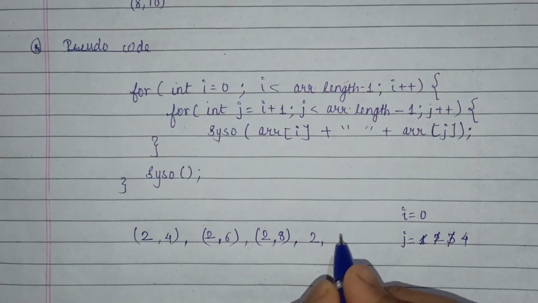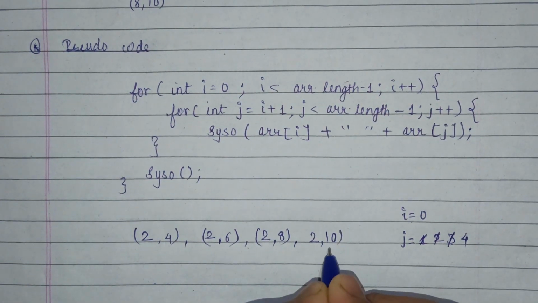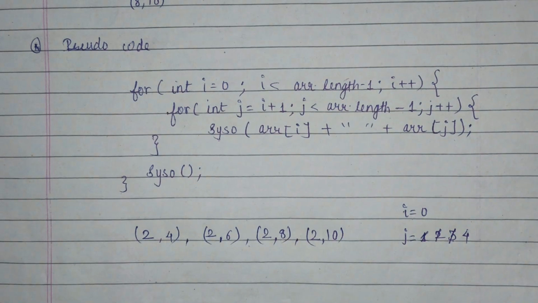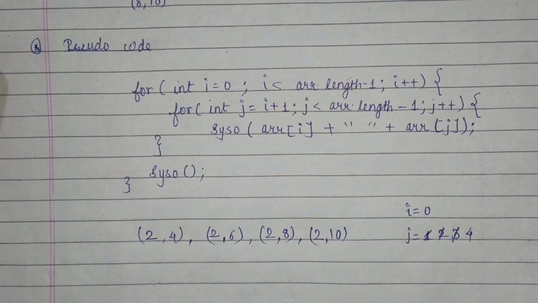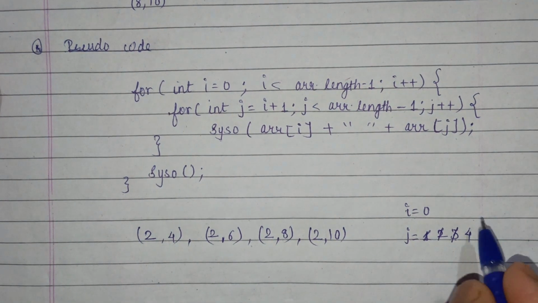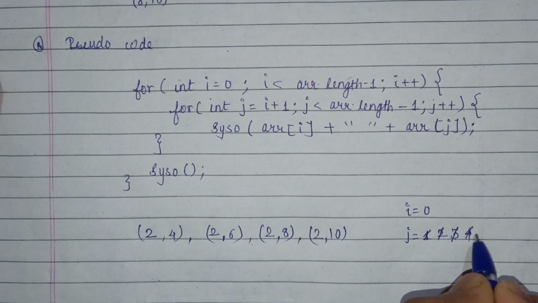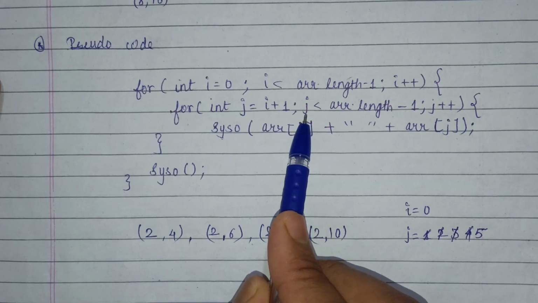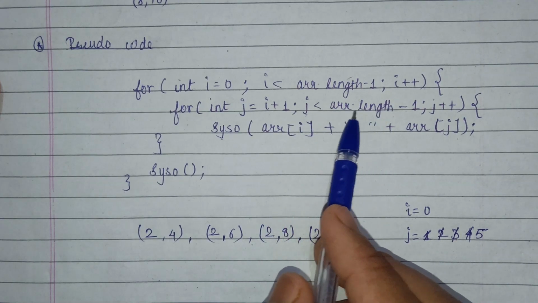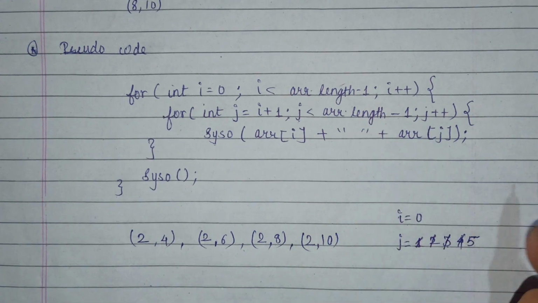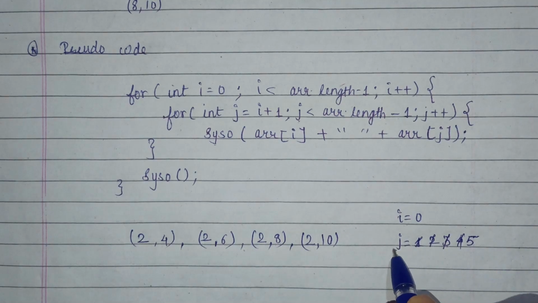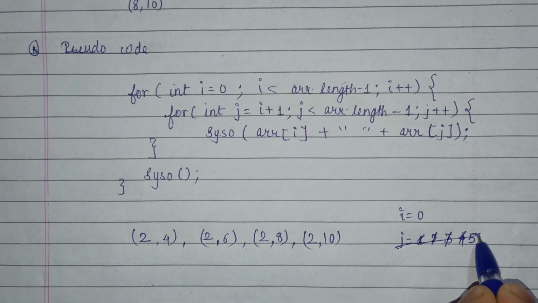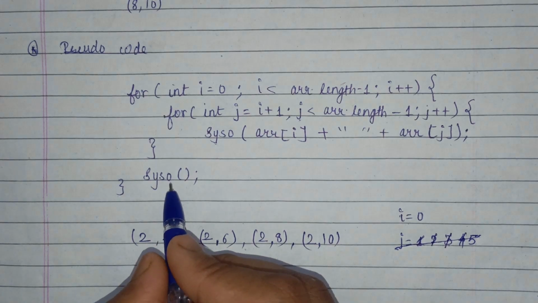So we have to write here 10. Okay, now j value gets updated. Now j value has become 5. Now it will compare. Is 5 less than array length? False, and j loop gets terminated and it will go to the next line.